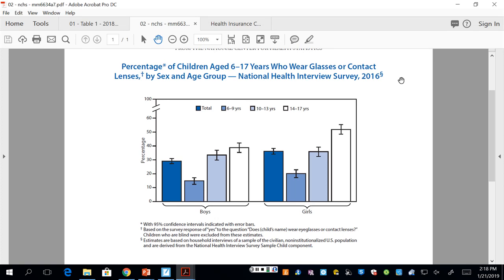The error bars on here, well, there's a percentage. So boys overall, the total here, right, is about 29%. Girls, the percent looks like it's about 35% or something like that. But these are based on a survey. Right? So it's not necessarily exactly the population, but if this was a pretty well done survey, those are pretty representative.